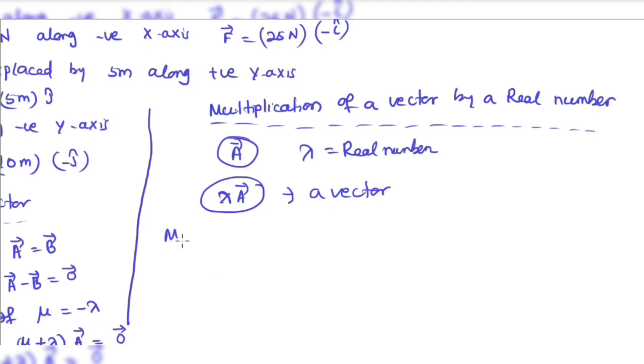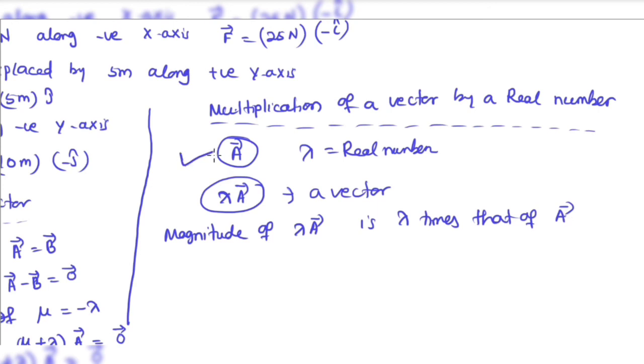And the magnitude of lambda a vector is lambda times that of a vector. So again I am repeating, a is a vector, lambda is a real number.